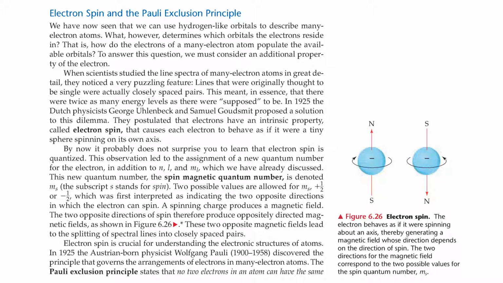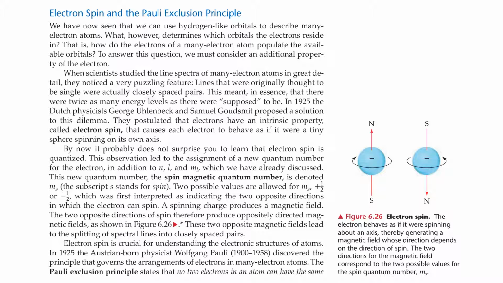The electron behaves as if it were spinning about an axis, thereby generating a magnetic field whose direction depends upon the direction of spin. The two directions for the magnetic field correspond to the two possible values for the spin quantum number m_s. These two opposite magnetic fields lead to the splitting of the spectral lines into closely spaced pairs. Electron spin is crucial for understanding the electronic structures of atoms.